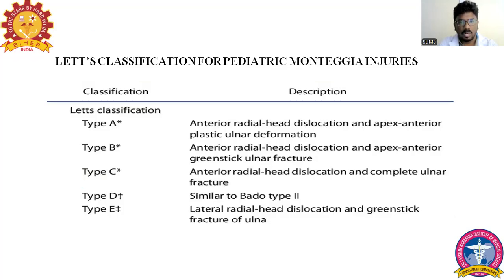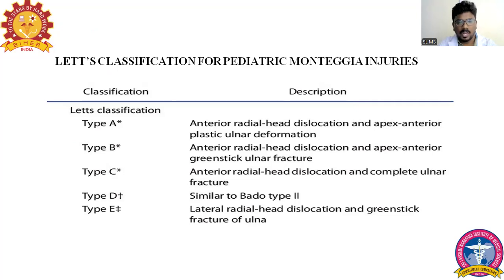Here there is a pictorial representation of types of Letts classification. Types A, B, C correlate with Bado type 1 classification, where there is an anterior radial head dislocation. In type A, there is a plastic deformation of the ulna. In type B, there is a greenstick fracture. In type C, there is a complete ulnar fracture.